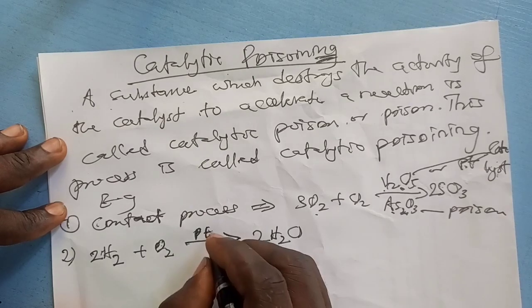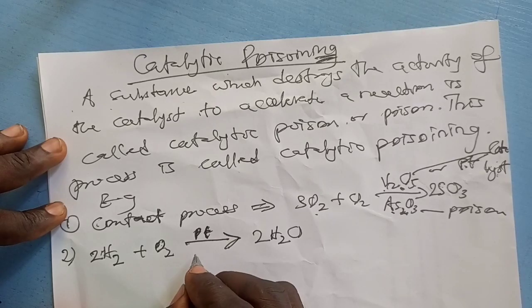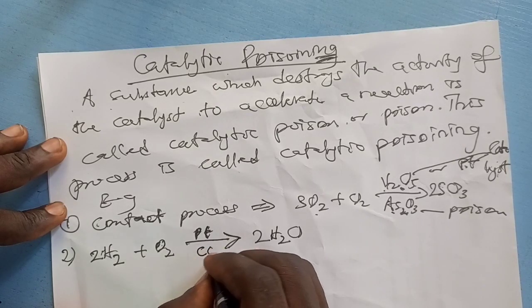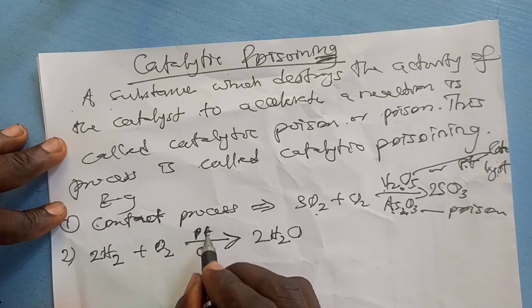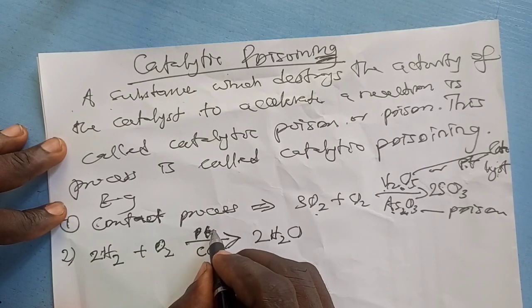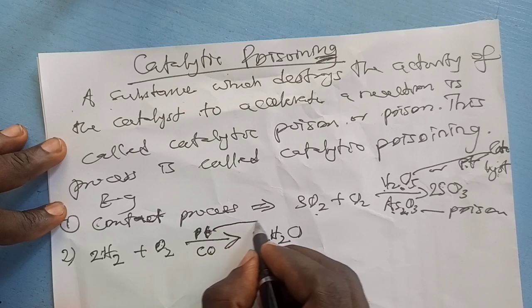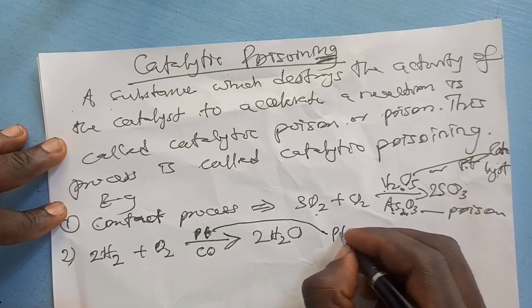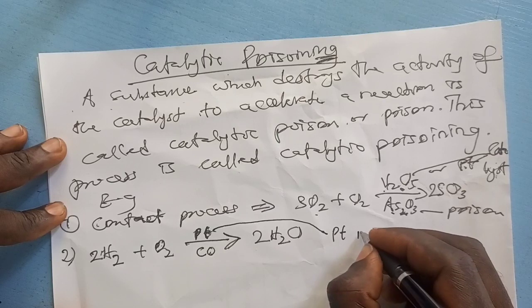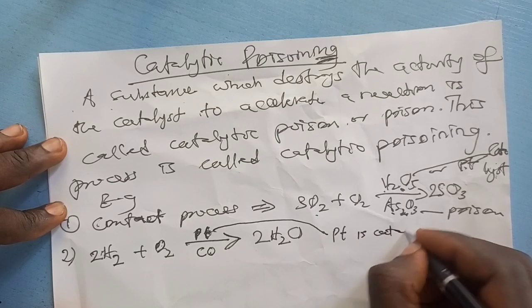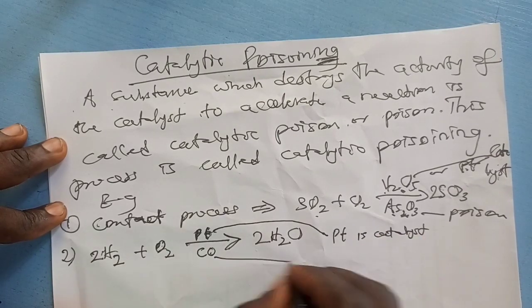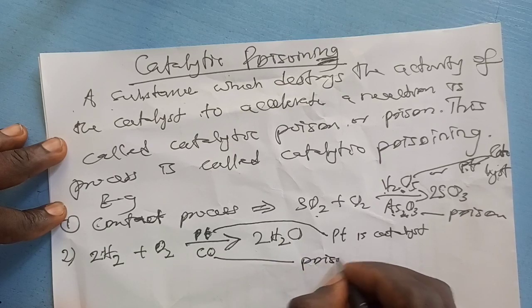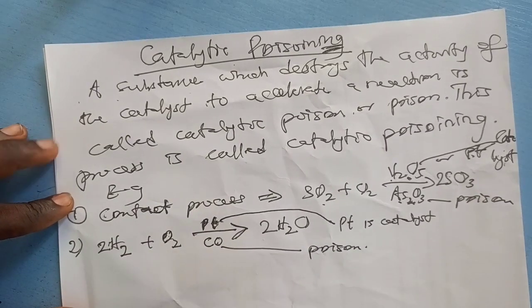And the poison that can destroy this reaction is carbon monoxide. So if you put two things here, it is good for the sake of exam, you let your examiner know that this is the catalyst, and this is what? The poison. I hope you understand that.